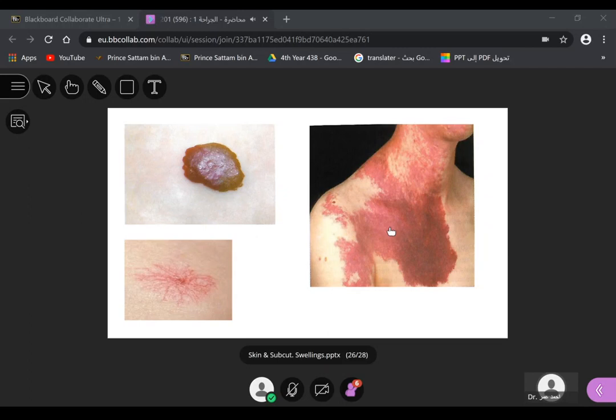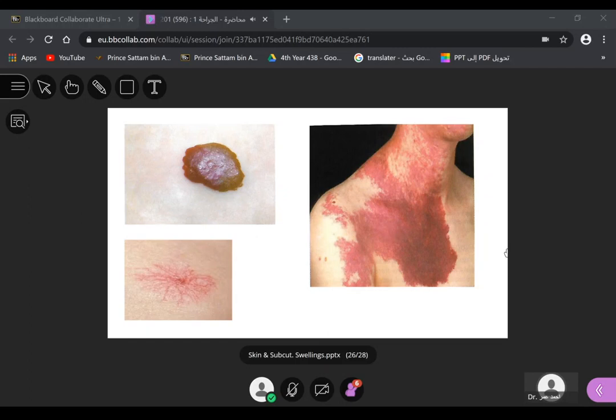In the last slides we have mentioned some of the benign lesions that can be encountered in the skin and subcutaneous space. We have talked mainly about the clinical features, etiology, and clinical presentation.